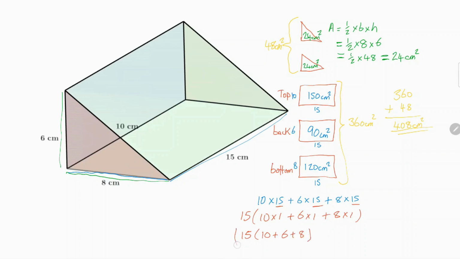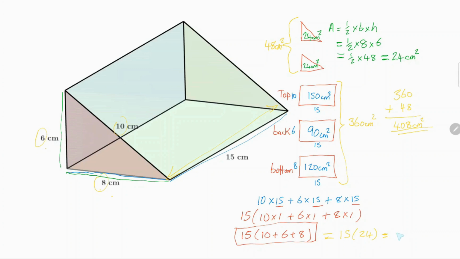Now if you look at this calculation, you would notice that essentially what we're doing is adding the sides of the triangles. We're adding all the sides of the triangles together. So 10 plus the 6 plus the 8. And then we're timesing by the length of the prism, which is 15. So if we were to do this calculation, we'd end up with 15 brackets 10 plus 6 plus 8 is 24, close brackets.